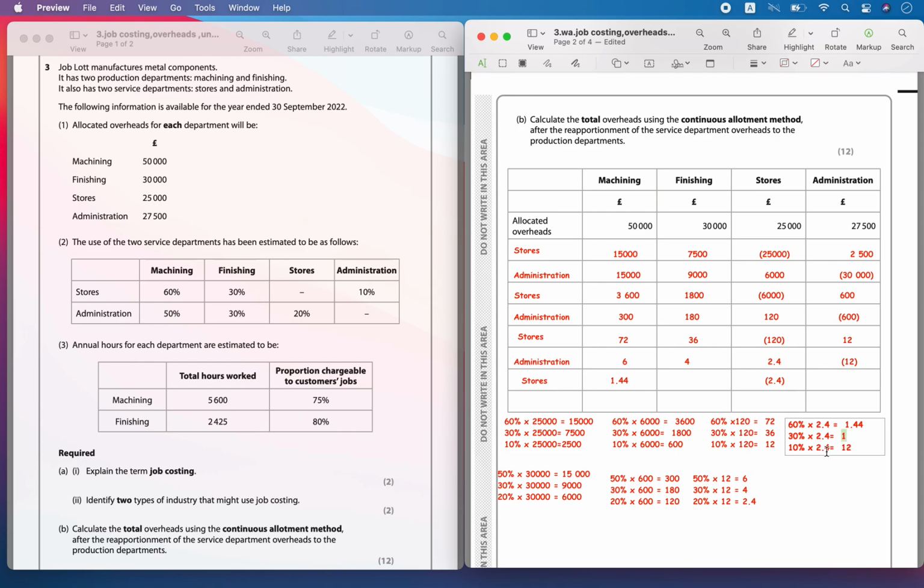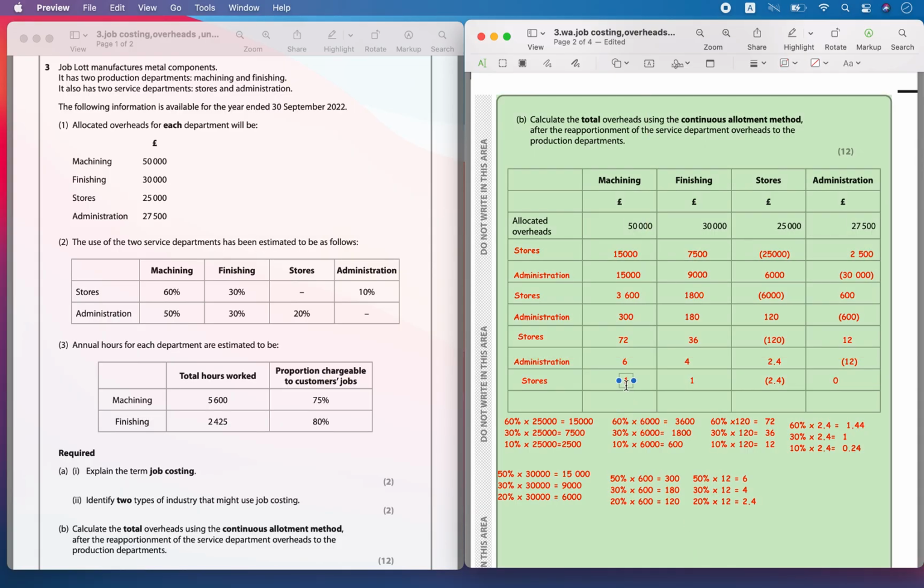And then 10 percentage of 2.4 is equal to 0.24. So this one I will assume as 0. Now this has become 0, and this I can assume it has contributed as 1. Here also I will round it off to 1.